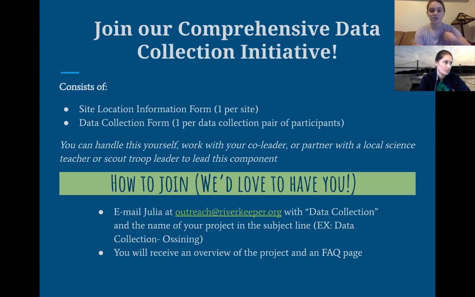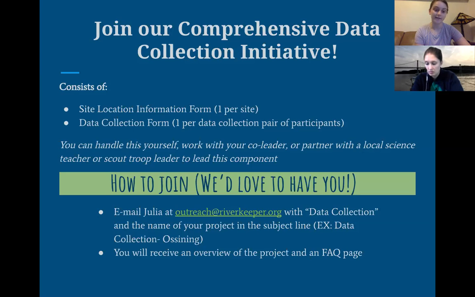So in addition to the very general form that every sweep site will complete that just estimates the weight of all of the debris picked up, these 2 forms will be required for participating sites in this initiative, and they take a more detailed look at all the trash that is being collected. It's really just taking note of every single piece of trash that comes out of the Hudson or tributary that you're working on.